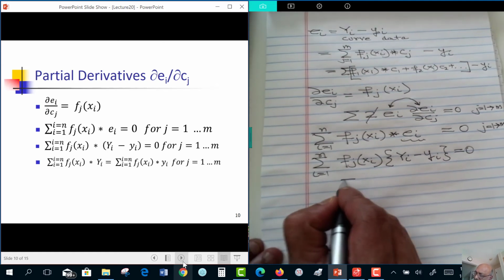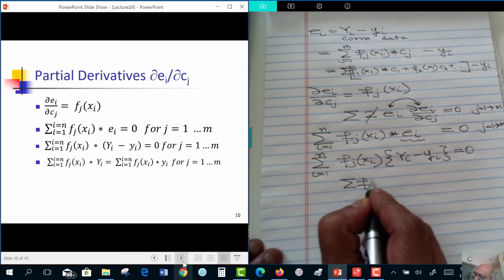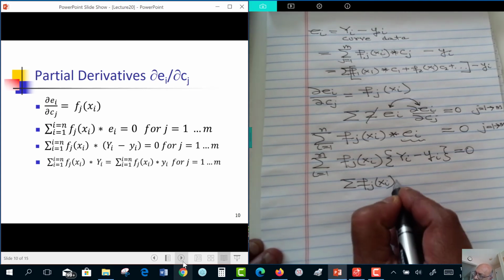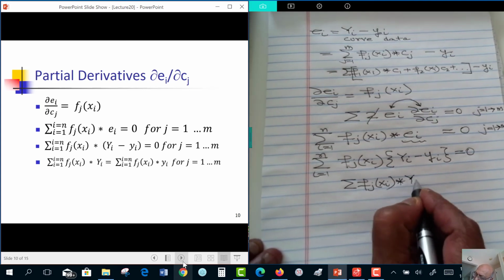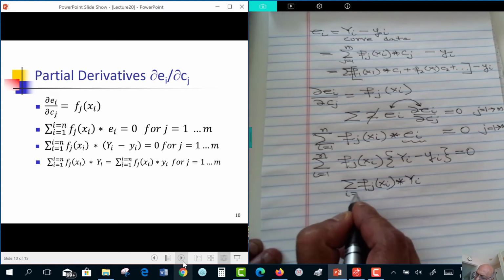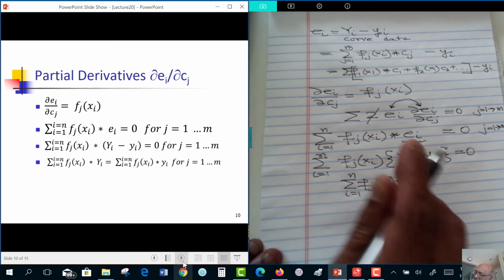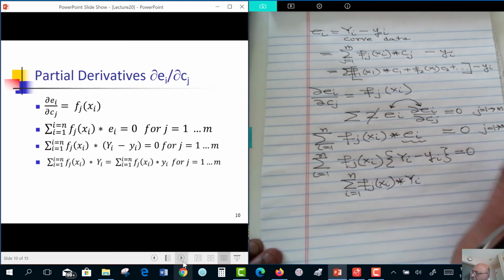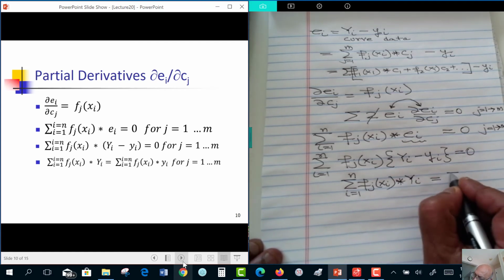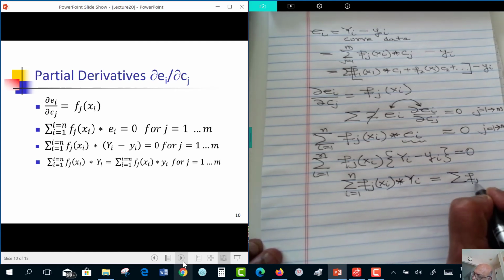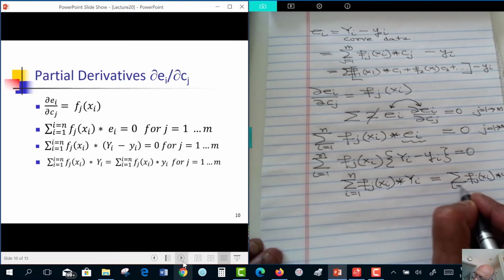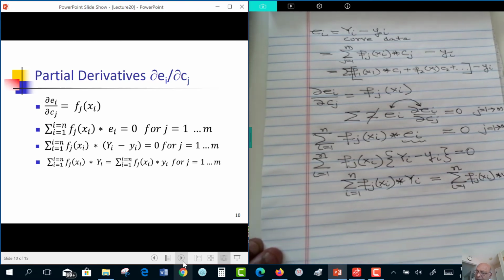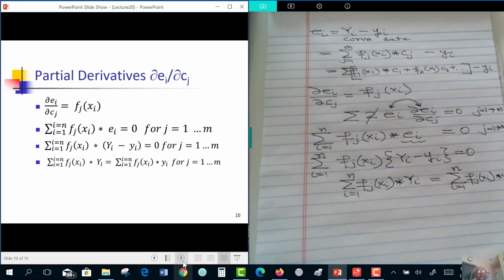So I can write fj of xi times big yi, i 1 to n, and this times this, I'm going to put on the other side. So equal to fj of xi times little yi, i 1 to n. Okay.